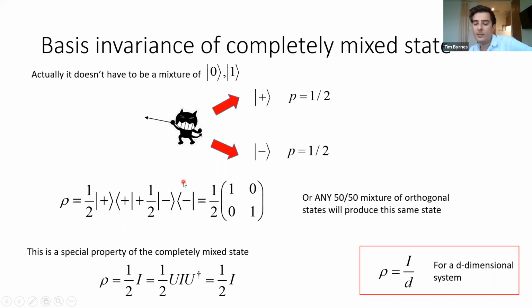So, in fact, different underlying states can give rise to the same density matrix. And this is one simple example. Even when this error devil guy produces pluses and minuses, it also gives this.